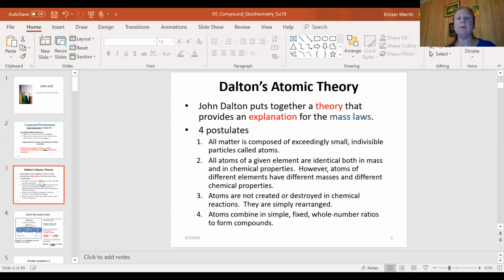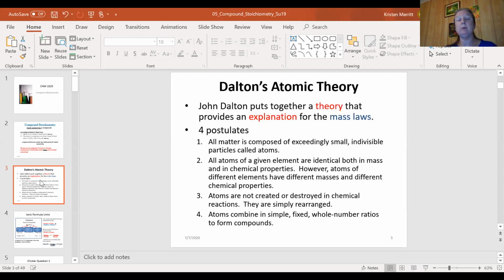Right, so just reviewing Dalton's atomic theory, which we still use today, that of course matter is composed of atoms, and now since then we know that atom is not the smallest particle. We actually go electrons, neutrons, protons, and then even smaller particles that make up those.